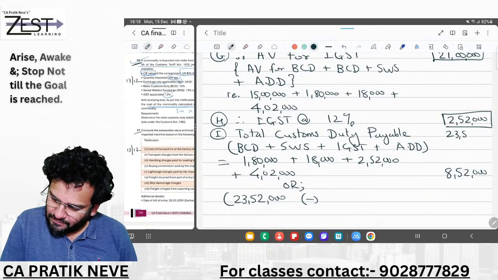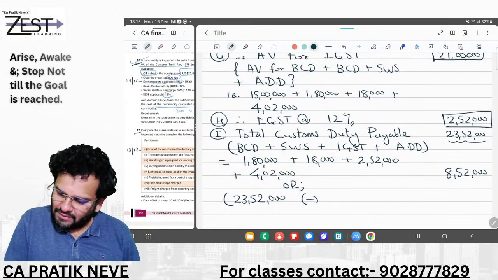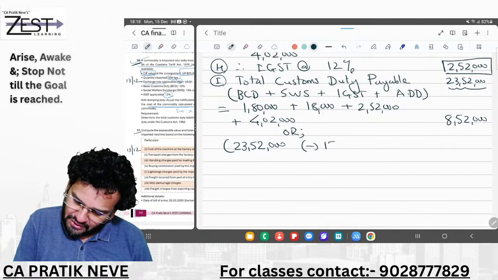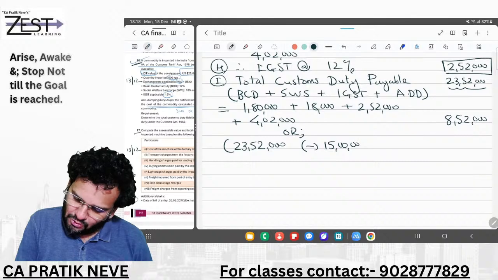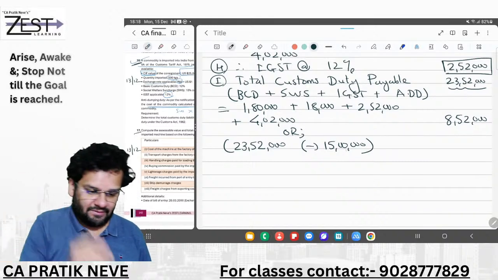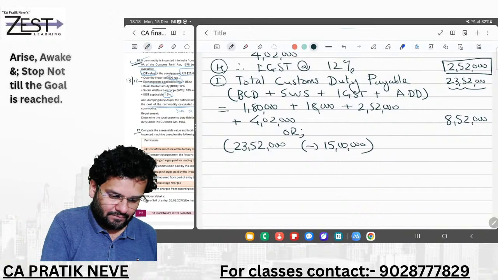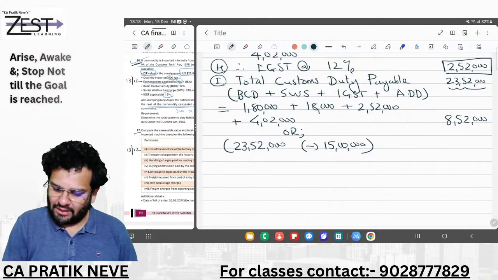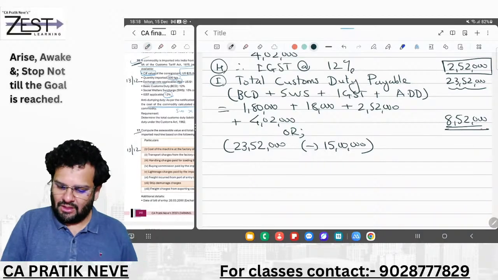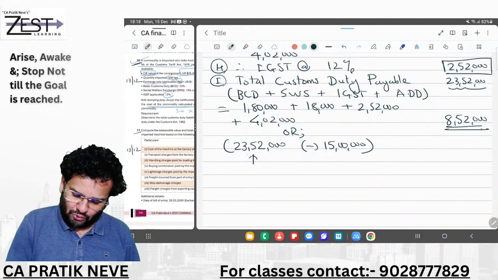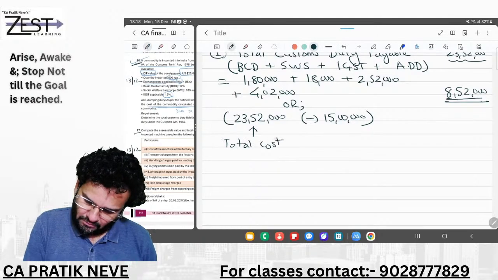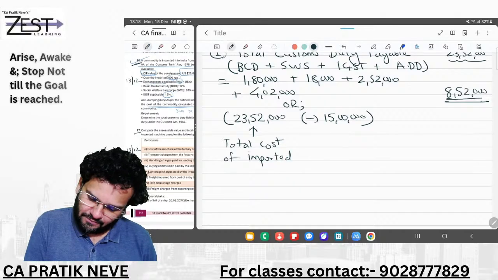So that 23,52,000 minus 15 lakhs, which is the assessable value for levy of BCD. Check. You are getting 8,52,000. In short, 23,52,000 is the total cost of imported goods. Clear?